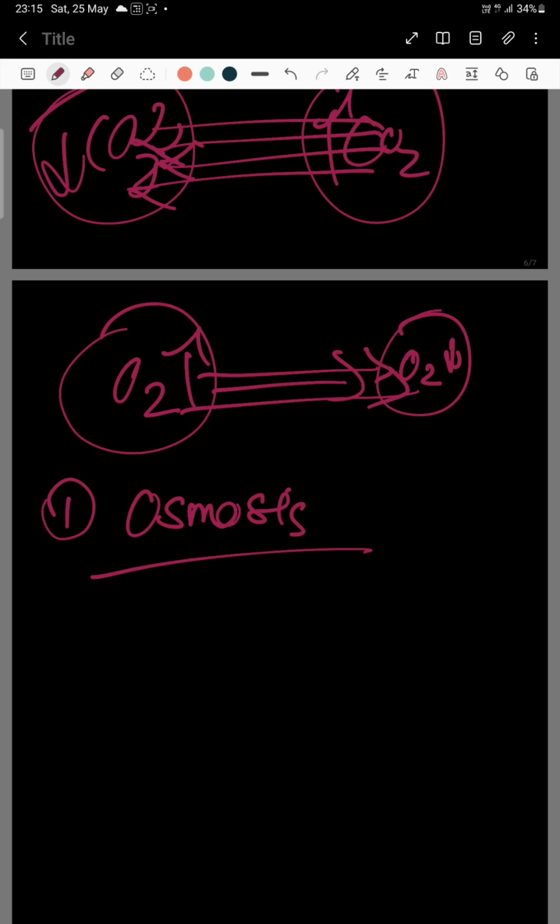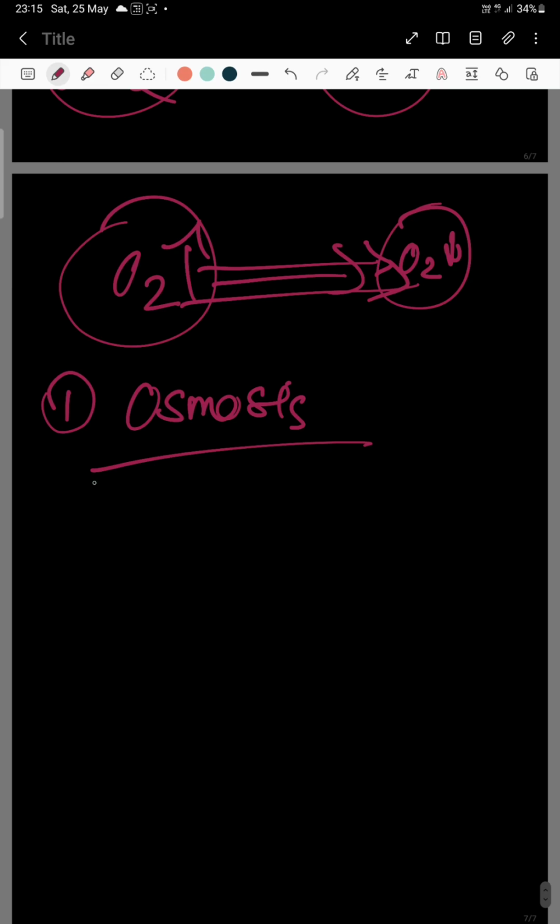So we have a region with more water concentration and a region where the water concentration is less. Water moves from high concentration to low concentration through a semi-permeable membrane until equilibrium is reached.